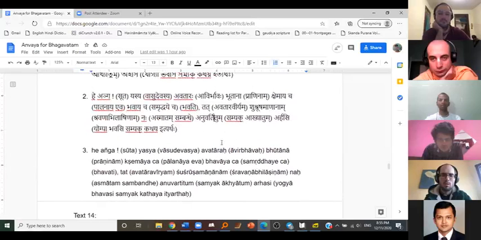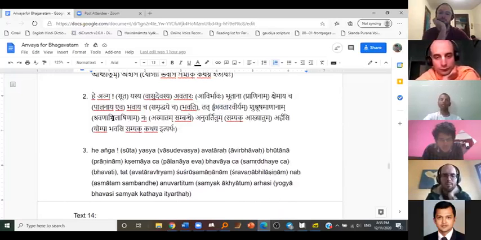Anuvarnitum arhasi. Such glory of the Lord in his avatar as the son of Vasudeva and Devaki, we are very much desiring to hear.